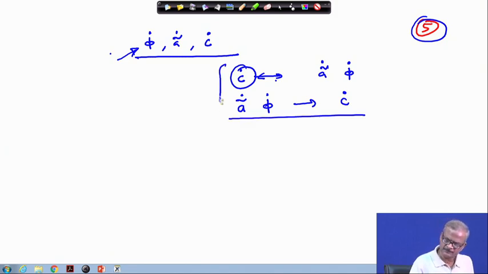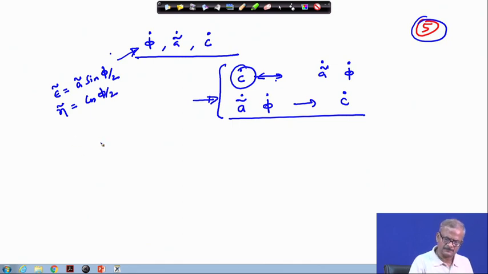And as you will see, what we are doing is not without purpose. We have already discussed the Euler's parameters: epsilon tilde we have written as a tilde sin phi by 2 and eta equal to cos phi by 2. So, our objective ultimately is to get these quantities.